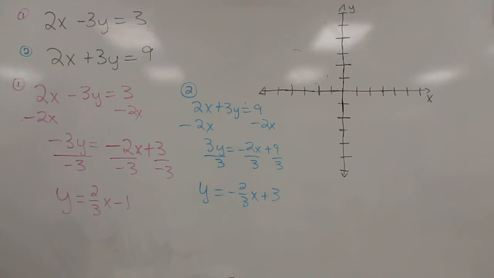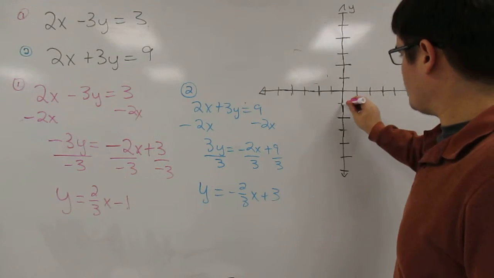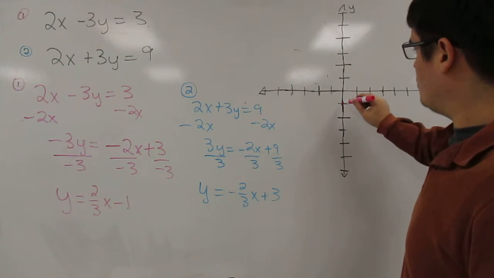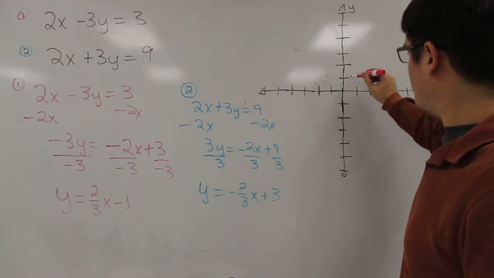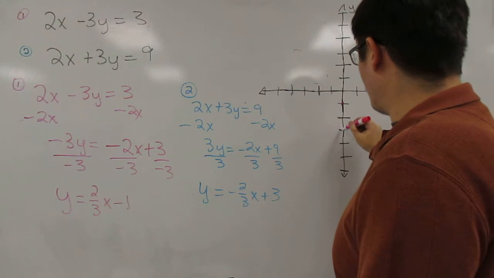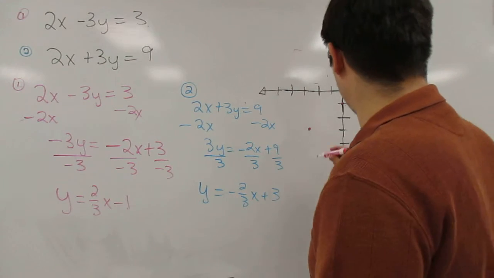And now I can graph each one of these. Start off with pink. Go down 1. Slope is 2/3, so your difference in y is 2 and difference in x is 3. Or you could go down 2 over 3 - over a negative gives you a positive.